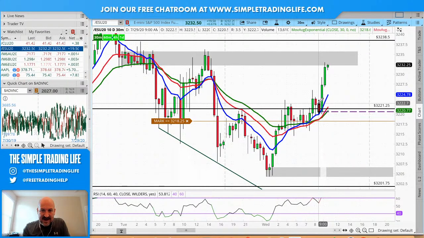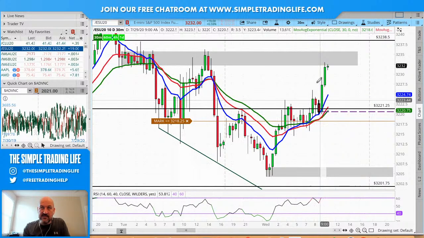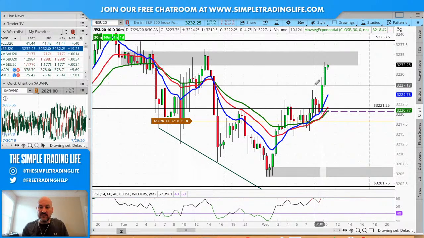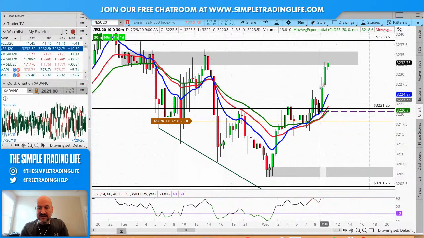So you would have entered at 32.24, and then as soon as you hit this, that's 32.32, an 8-point move. So on a standard contract, that would have been $400, and you would have had it in a little less than an hour.